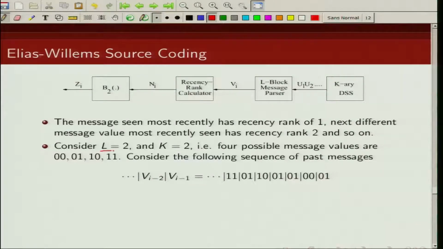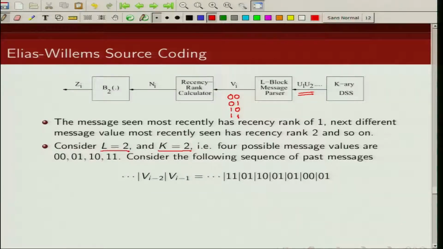So let us consider a very simple example. We are considering a block of length 2, and let us consider a binary discrete stationary source. So then the Ui's are essentially zeros and ones, and since my block length is 2, the possible Vi's could be 0 0, 0 1, 1 0 or 1 1.